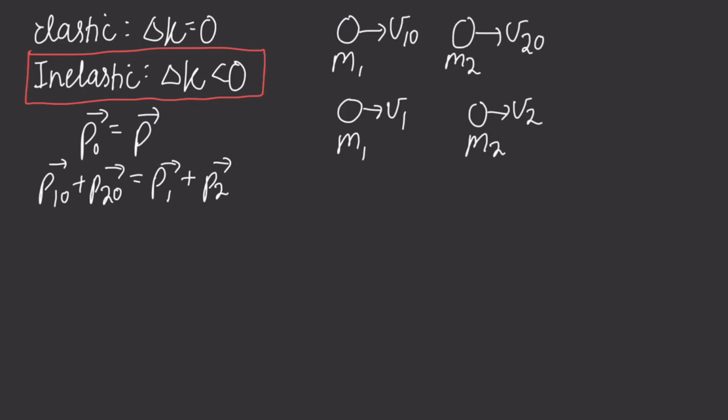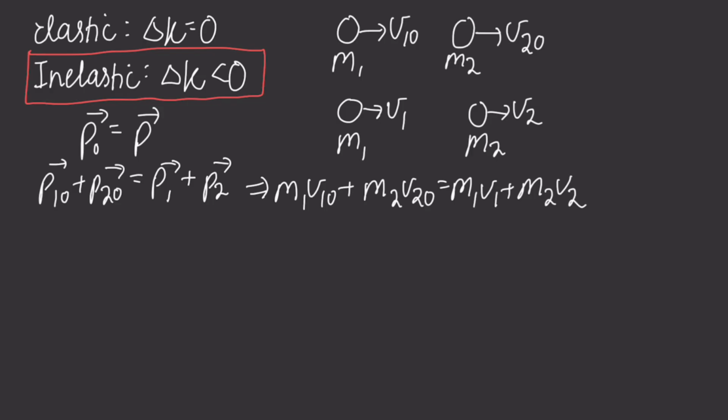And then we can drop the overhead arrows because the motion is one-dimensional, right? And then we're going to only use m and v and rewrite this as m1 v1 naught plus m2 v2 naught equals m1 v1 plus m2 v2.